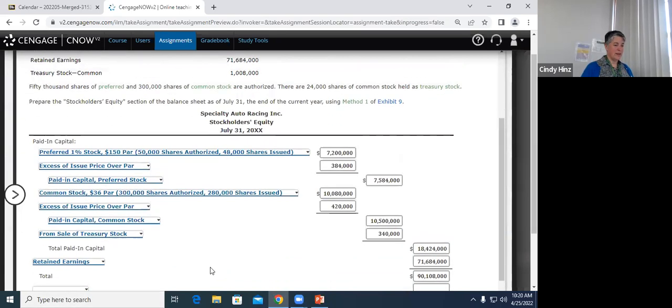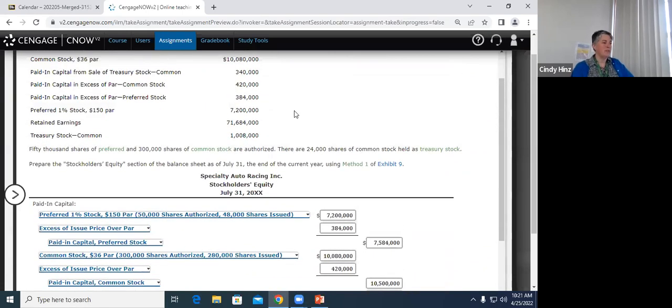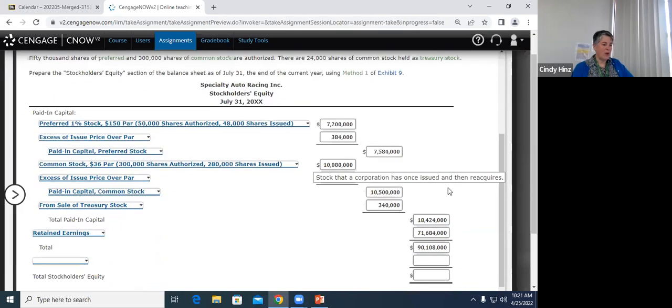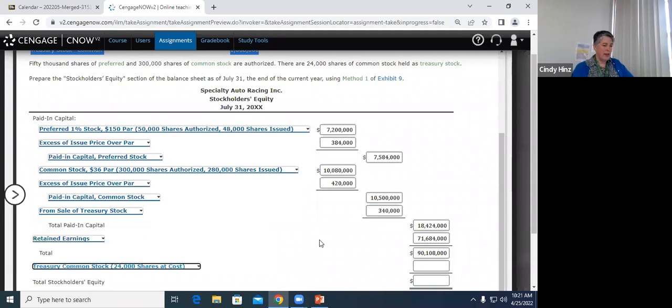Okay, then the very last step, because this company does have some treasury stock still, here's our treasury stock of 1,008,000. That would be at cost. And as we know, that is a reduction or an offset. So we're going to show that as a negative.